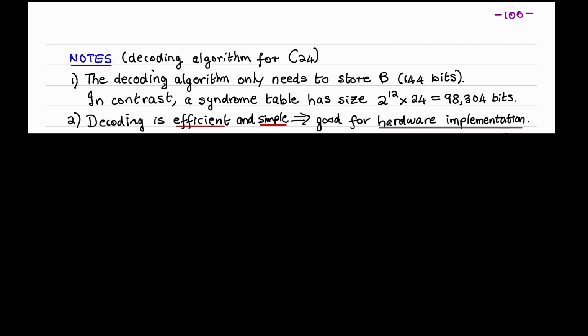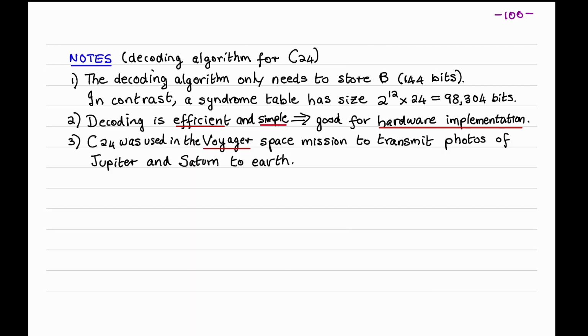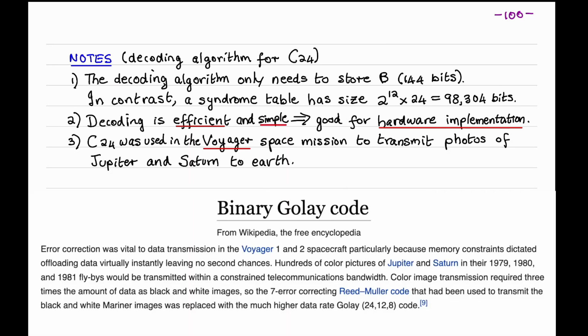By simple, I mean the operations are just adding rows of B together to compute syndromes, and comparing a syndrome with the rows of B. And so, the C24 decoding algorithm is very well suited for hardware implementation. I'll mention that C24 was used in the Voyager space mission to transmit photographs of Jupiter and Saturn back to Earth.